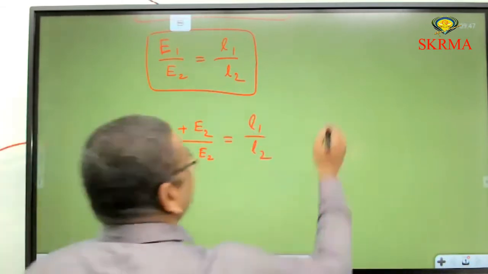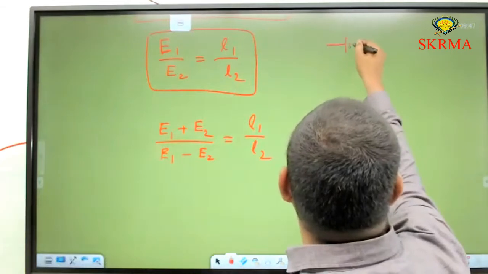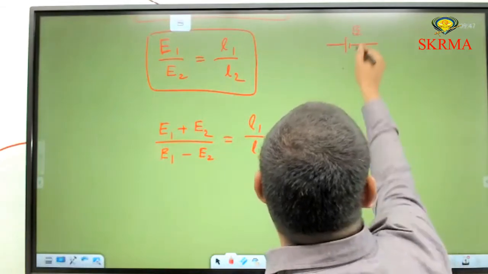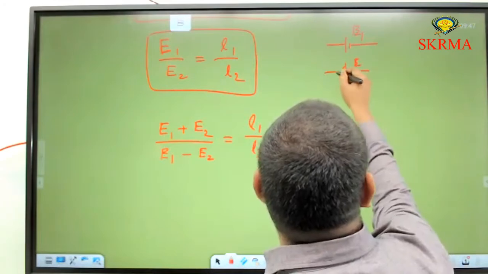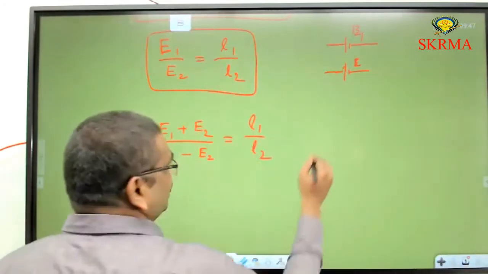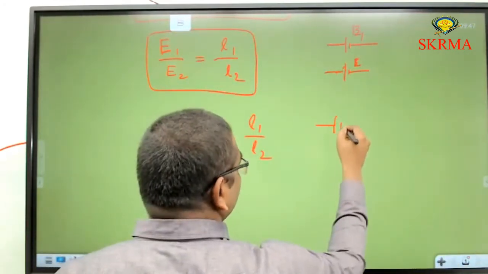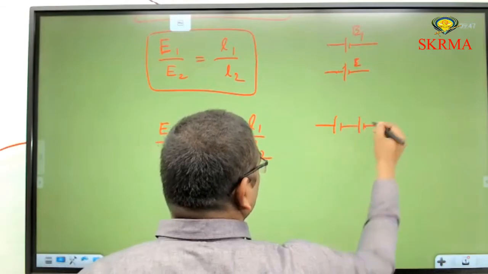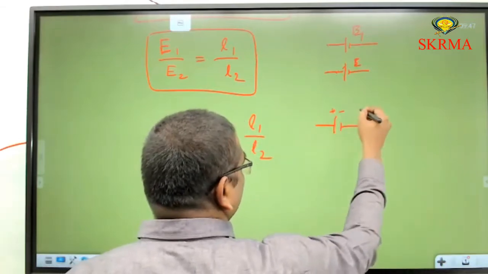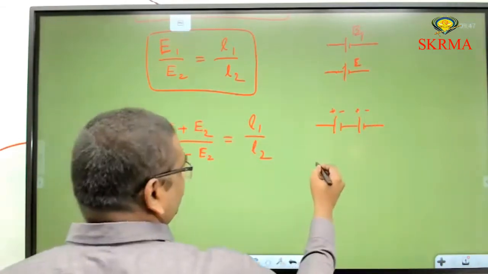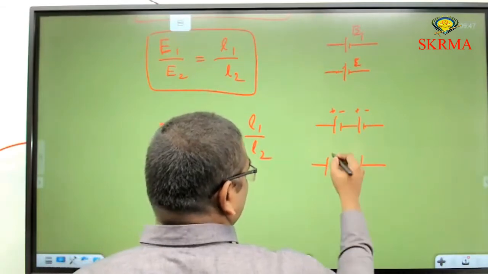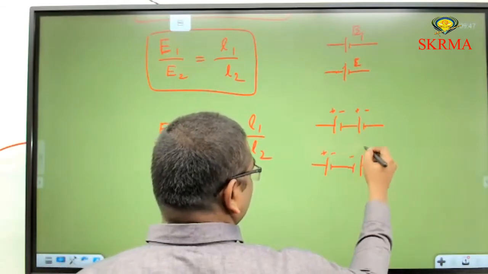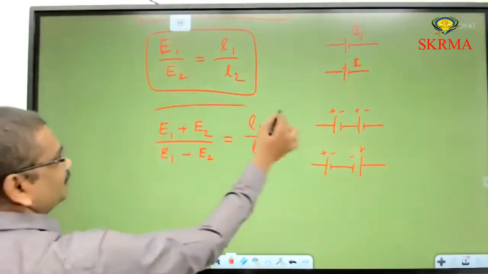If you connect single batteries E1, E2 separately, then these are the formulas. If you connect E1, E2 in series with opposite polarities, and then with the same polarities, then this is the formula.